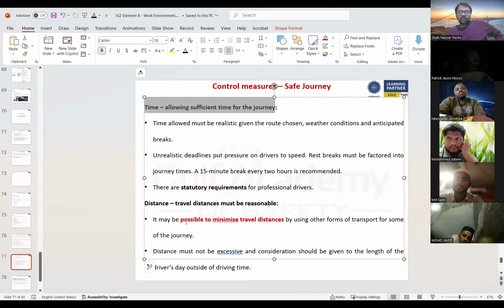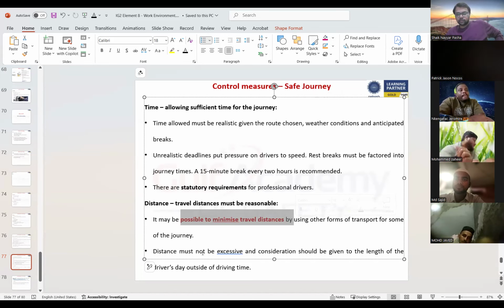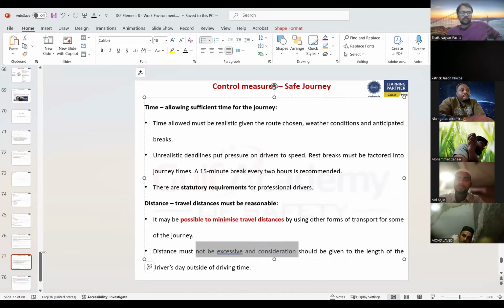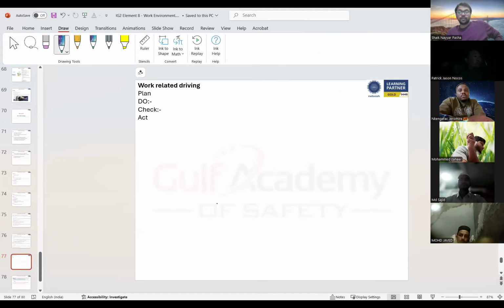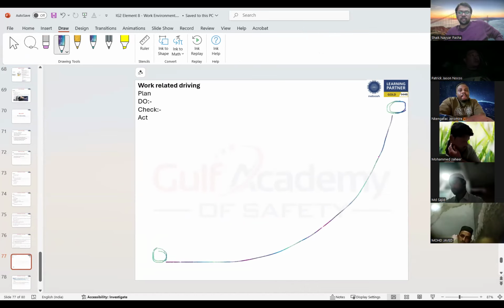And minimize the travel distance to the driver as low as possible. I'll tell you one thing. When I used to work in an MNC, that company used to provide us pick and drop facilities. For example, my office is in this corner of the city and I stay in this corner of the city, which is approximately 20 kilometers from my office to home.